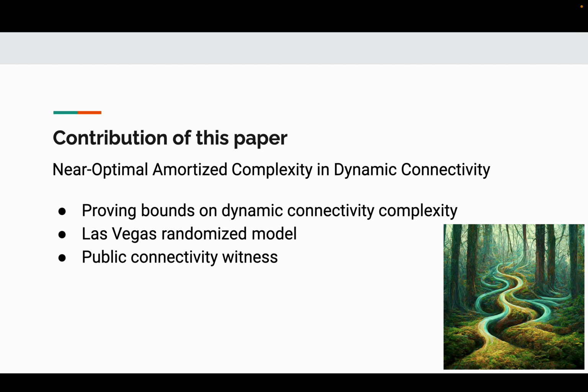This is within the context of the Las Vegas randomized model, which is known for its probabilistic guarantees of success. A key aspect of their approach is the use of a public connectivity witness, which in this case is a public spanning forest. This witness is crucial for verifying the connectivity status within the graph as it evolves over time.